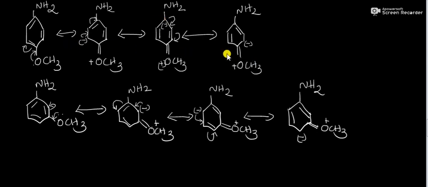And these are the resonance structures of para-anisidine. And why is it more basic? Here, the negative charge is attached to the carbon which is attached with the NH2 group.